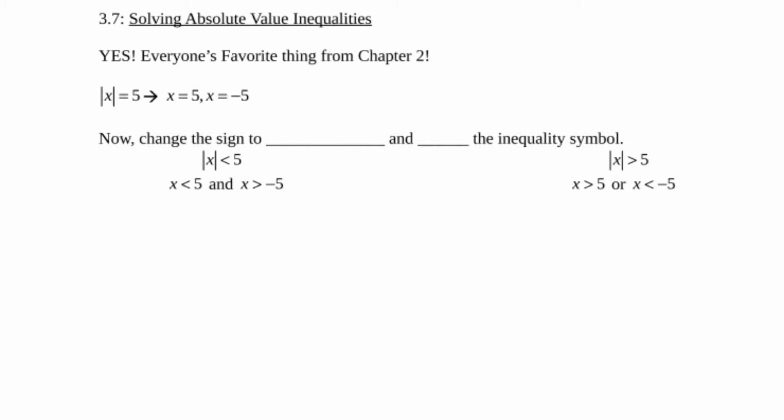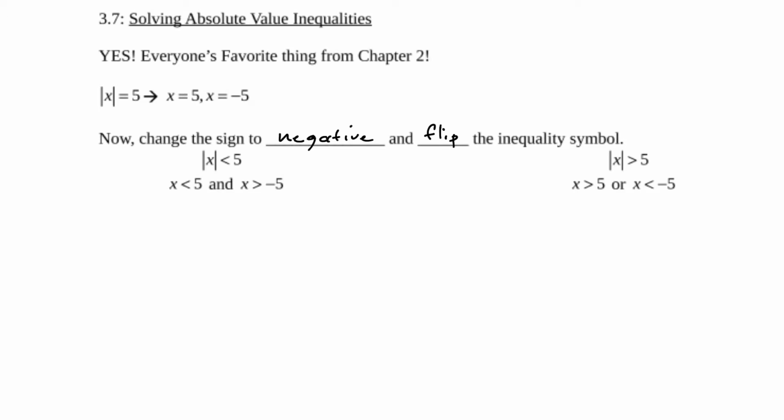And now we have to change the sign to negative, and we also have to flip the inequality symbol. So when we get into the examples, I'll show you exactly how this works.